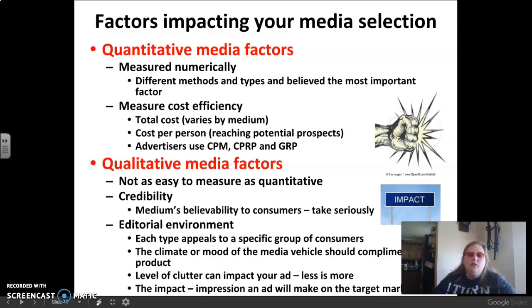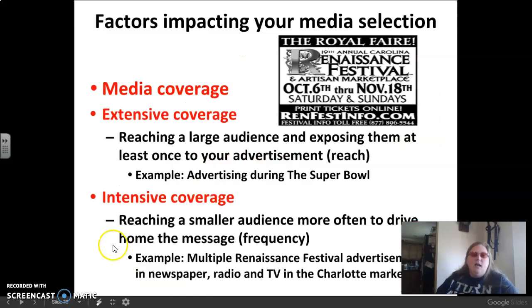So that's the kind of qualitative media factor. Media coverage: you have extensive, which is a large audience like your Super Bowl. You have intensive, which is a smaller audience but more in frequency.